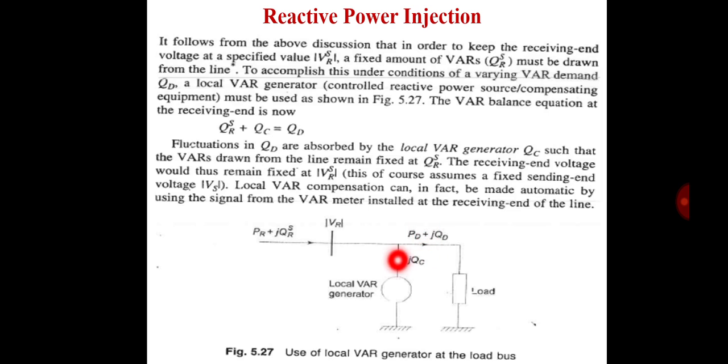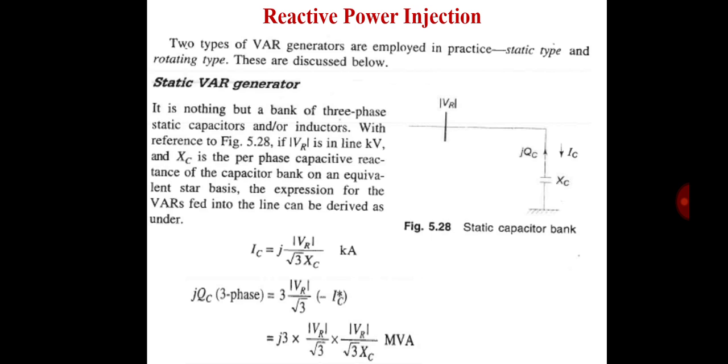From this meter the signal changes, and VAR compensation is done. The two types of VAR generation employed in practice are static type and rotating type. Now first we see the static VAR generator. It is nothing but a bank of three-phase static capacitors and or inductors.